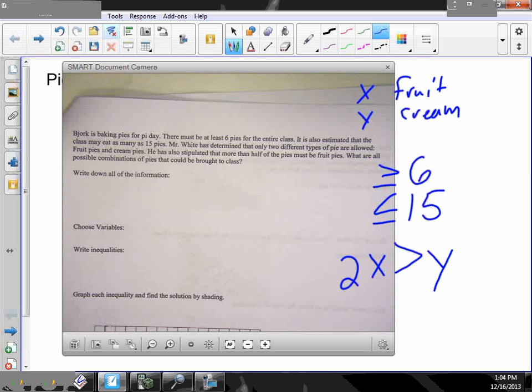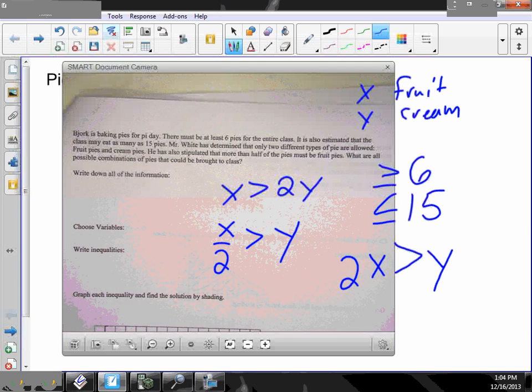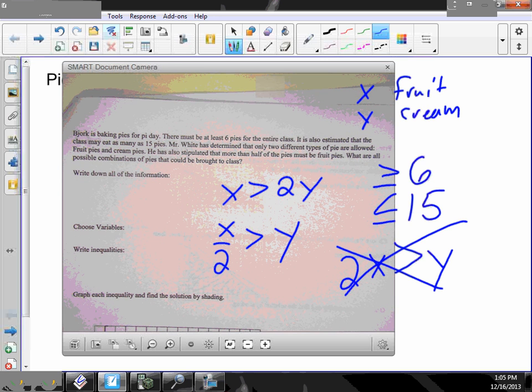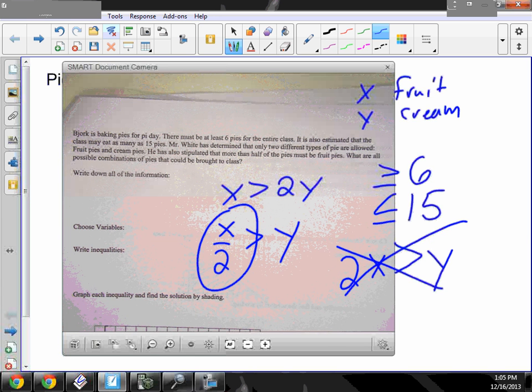You could either do x is greater than 2y or x over 2 is greater than y. But this one is incorrect because the number of fruit pies is more than double. So I need to double the cream pies to get caught up to the number of fruit pies, or I need to divide the number of fruit pies in half and compare that to the number of cream pies.